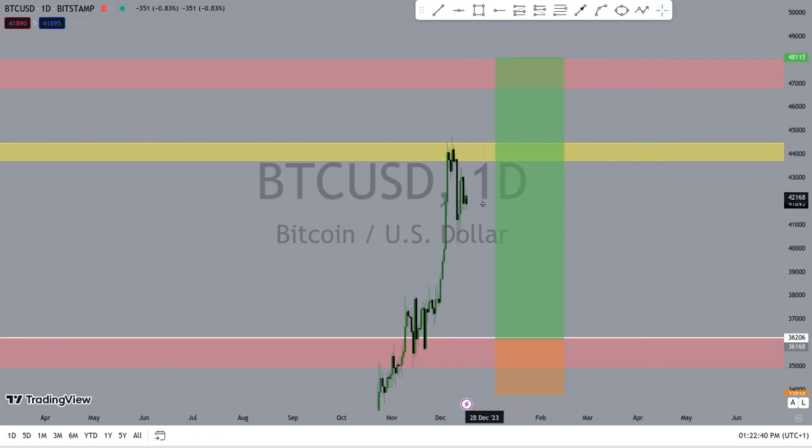On BTC USD, let's see, trading around this bar.